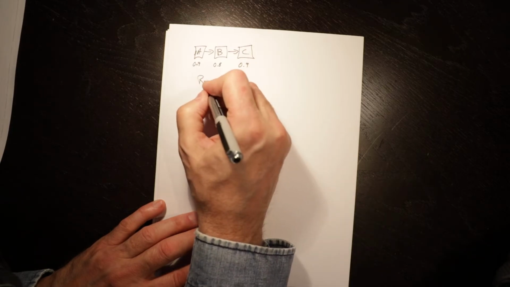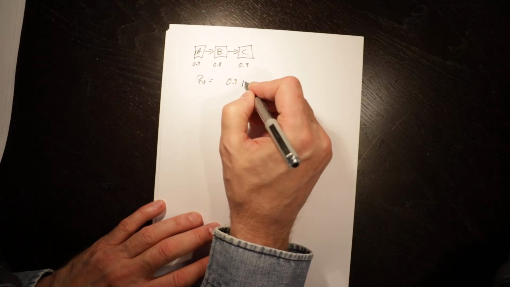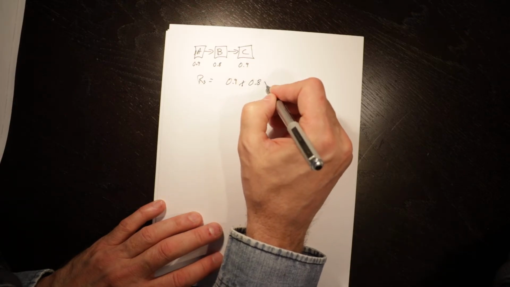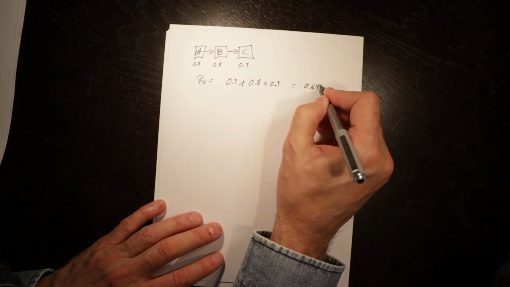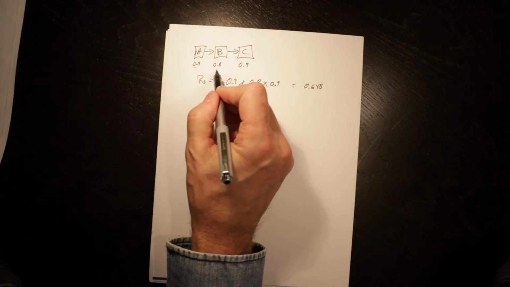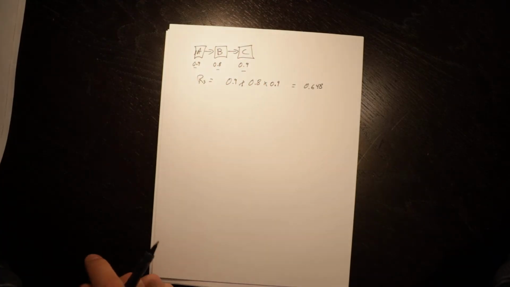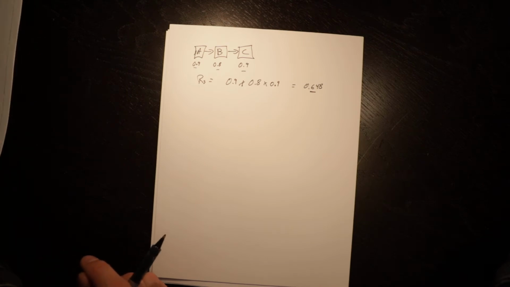The reliability of that system is equal to 0.9 times 0.8 times 0.9, which is 0.648. So you can see that the reliability of the system goes down very quickly, so that you want highly reliable components, or you have a system that only works 65% of the time. That causes us some grief.